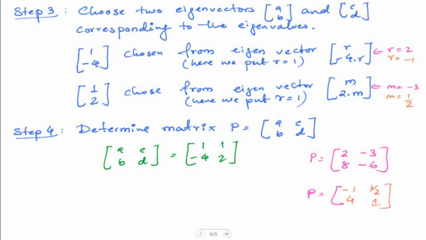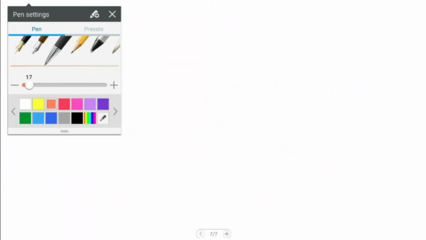So P could be even like this. P could be anything, an infinite number of values, right? As you wish, you can choose and you'll still get the right answer. Okay, so let's go ahead now to step 5. Step 5 is to determine the inverse matrix.